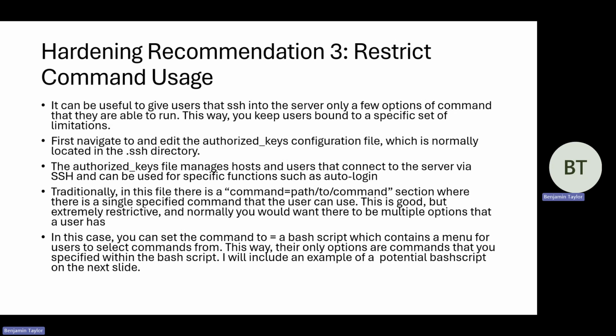So what this is going to do is within the bash script, you'll create a way for users, it'll echo out the options for the user, what they have, and then it'll accept an input, a choice from the user. And after that choice has been made, the bash script will execute whatever command is associated with that option. So I have a screenshot here on this next slide that'll go over that a little bit more.